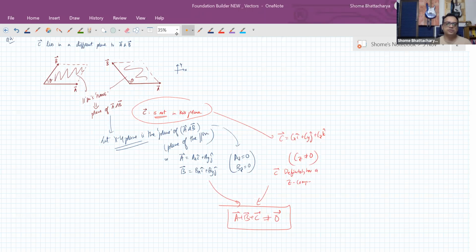Why can't this be zero? Because C has a Z component, whereas A and B don't have a Z component. So the resultant Z component cannot be zero. So this is non-zero. And one more thing we can say is that this resultant A plus B plus C is not in the XY plane. So therefore, it is not in A and B's plane. It does not lie in the plane in which A and B lie.